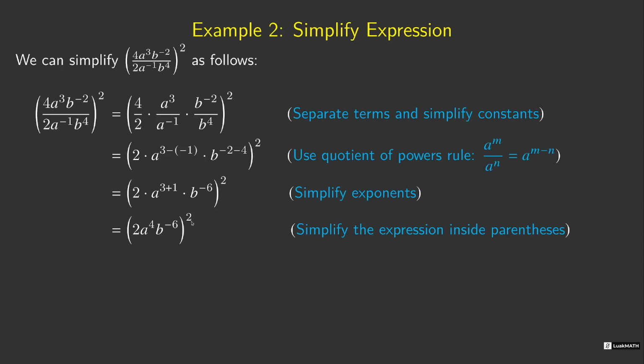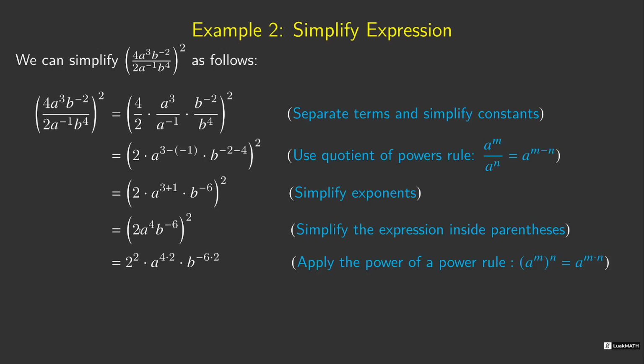Now we can worry about the overall exponent 2. And sure enough, that's what we do. So we distribute the 2 inside the bracket, and remember, everything inside the bracket will get the exponent. So we distribute the exponent.